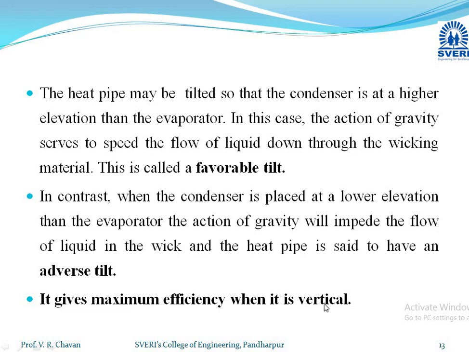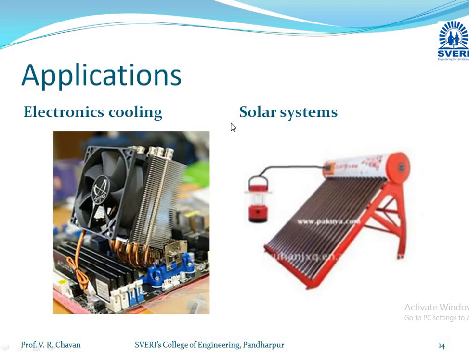Vertical in such a manner that the condensation section is at the top and the evaporative section is at the bottom. If you make it vertical in this manner, then it gives maximum efficiency. Then what are the applications of this heat pipe?